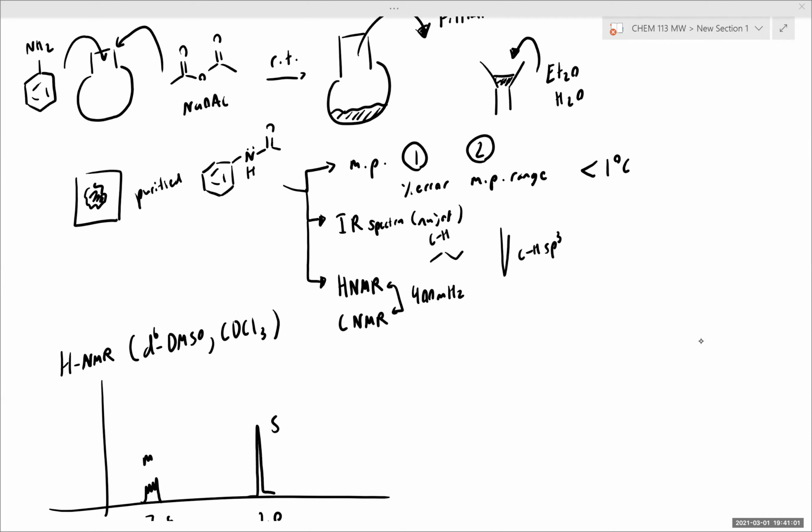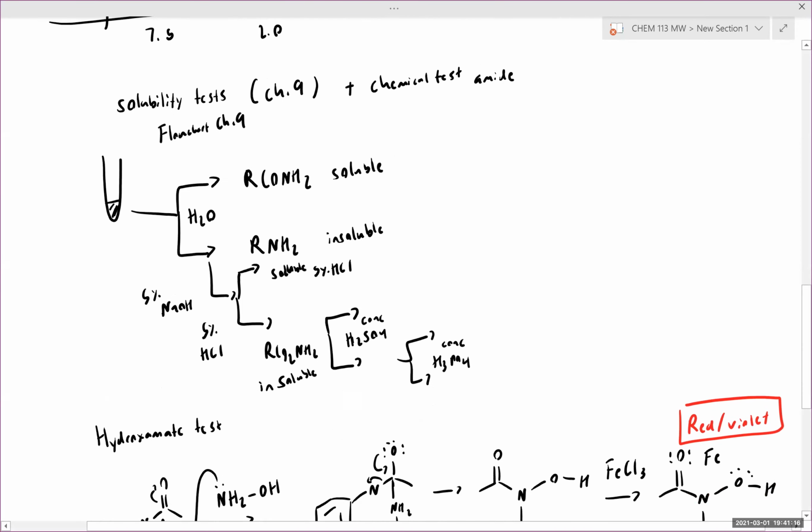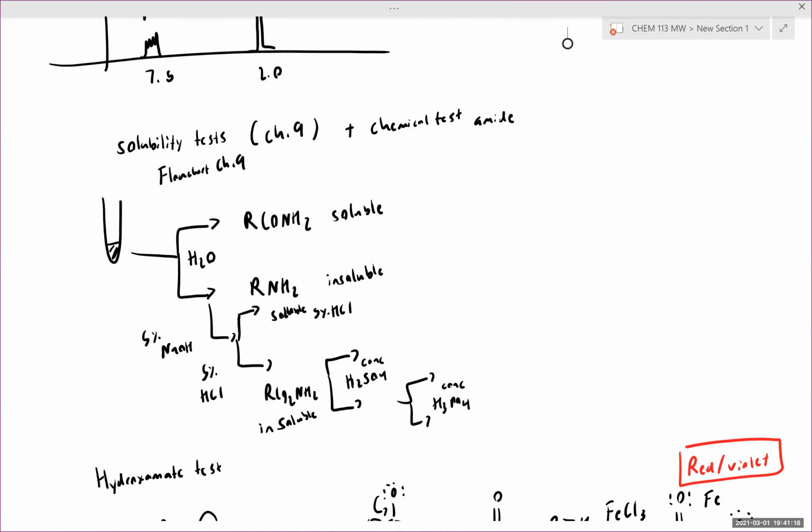The reagents for the chemical test, so the procedure itself tells you which solubility tests will be performed. In this case, for this lab in particular, we're looking at the solubility in water, 5% sodium hydroxide, 5% hydrochloric acid, concentrated sulfuric acid, and concentrated phosphoric acid.